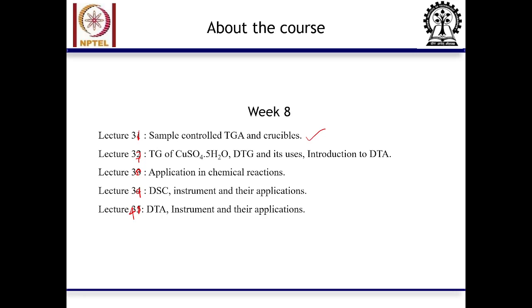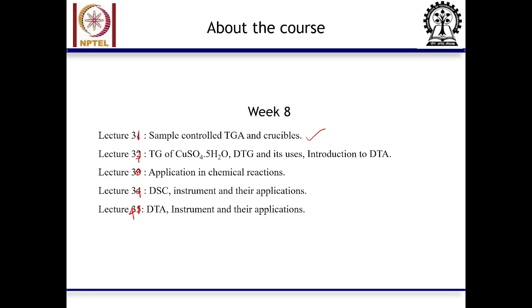In lecture number 37, we saw the TGA curve of copper sulfate pentahydrate. We have seen this TGA plot, the DTG plot, and its use. Basically in this lecture, we saw the introduction of DTA. The question will come in the assignment: how does this copper sulfate thermogravimetric curve look, what are the different peaks, how are we going to assign them, how the water molecules are lost, and what is the end product.